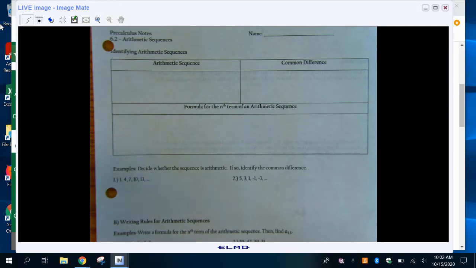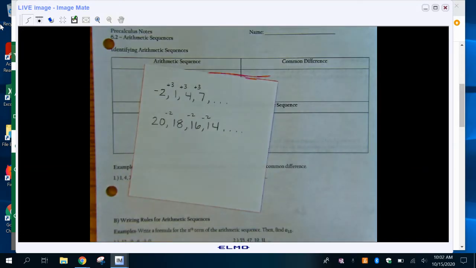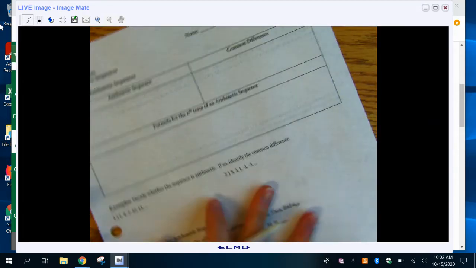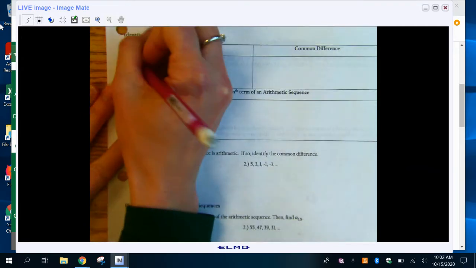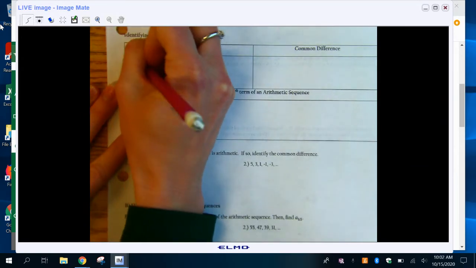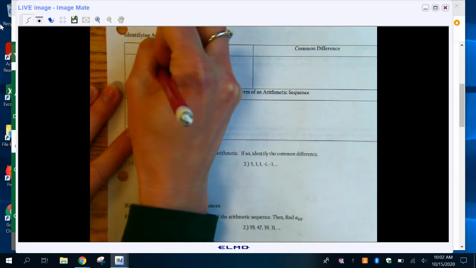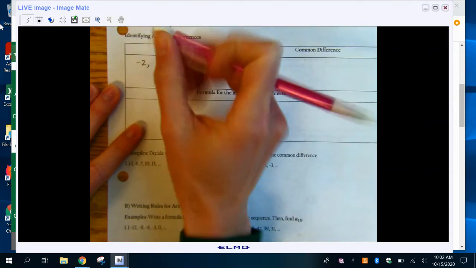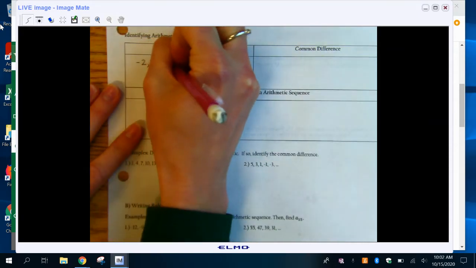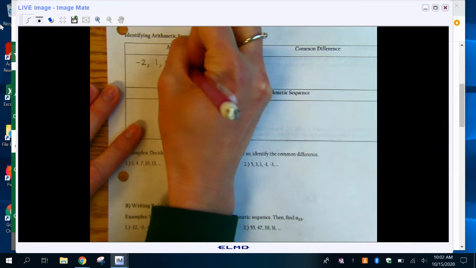So in terms of the definition of an arithmetic sequence, it's a list of numbers in which you get the next term by either adding or subtracting the same value every time. So I'm just going to write those examples. Again, they follow a pattern in which you're adding or subtracting the same amount every time.